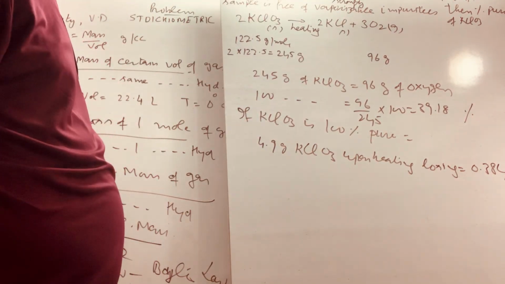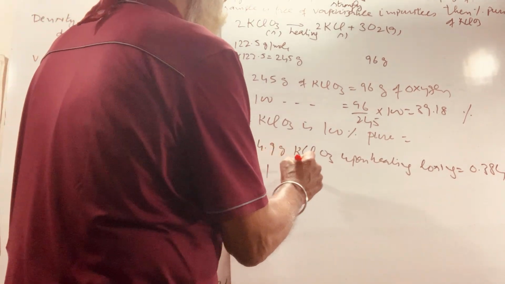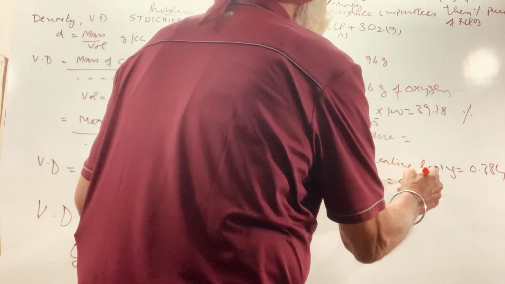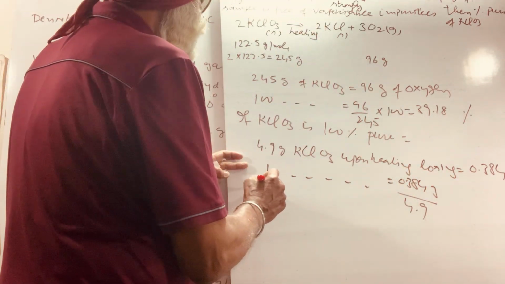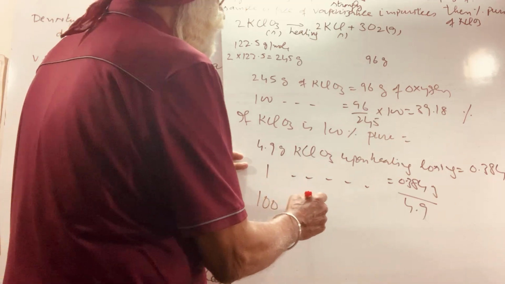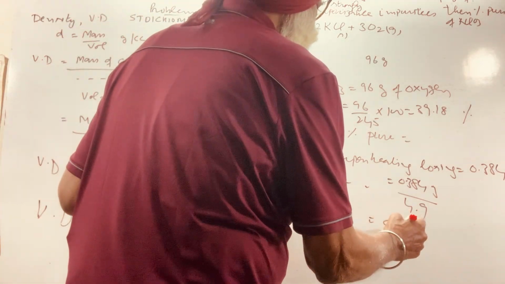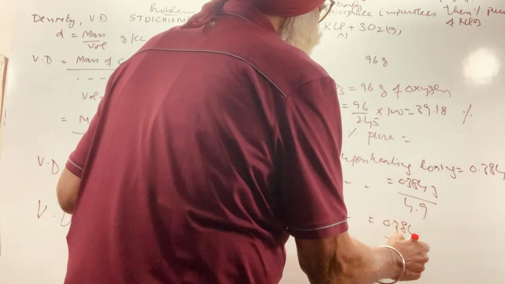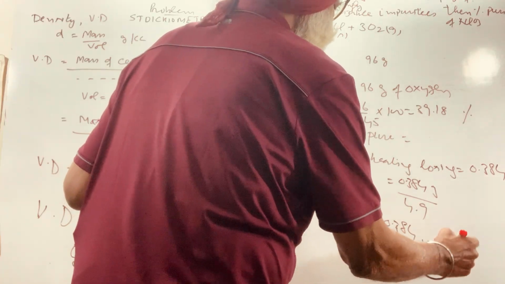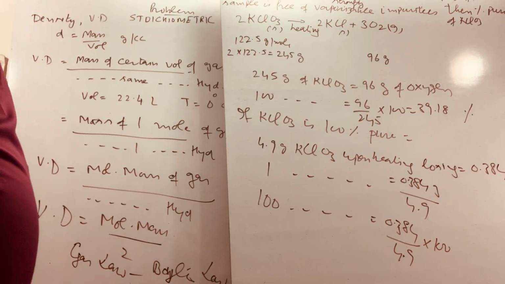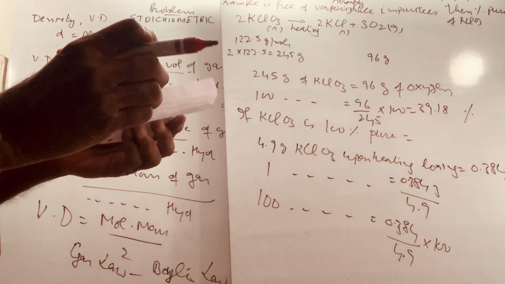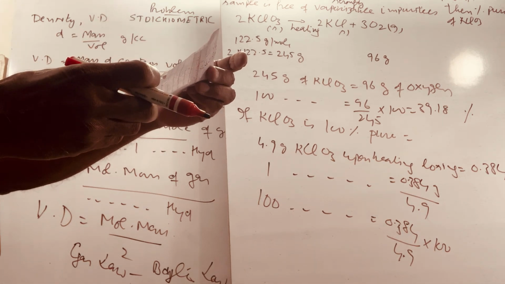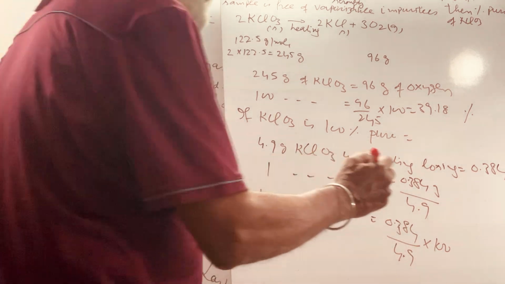So it will be 0.384 gram divided by 4.9, into 100. So out of 100, it will be losing this much. So here it turns out to be approximately 7.8.